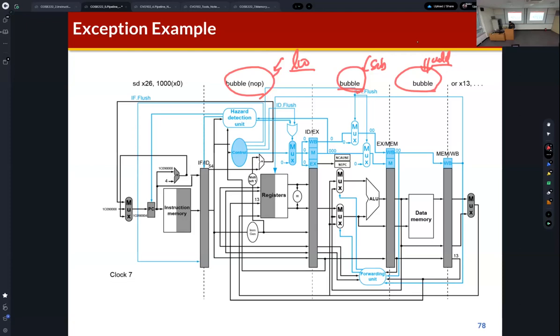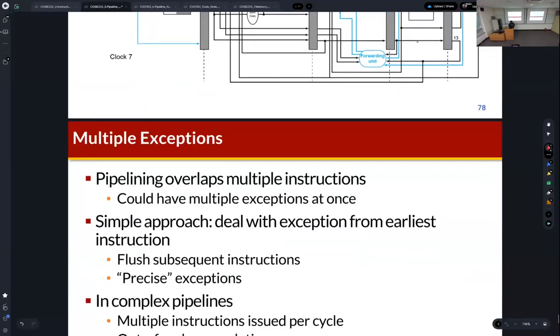And then we can find the OR instruction is here, so the OR instruction is completed. And as you can see, you can find the first instruction of the exception handler. The first instruction of the exception handler is fetched.